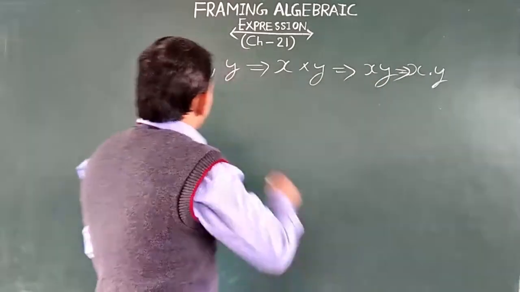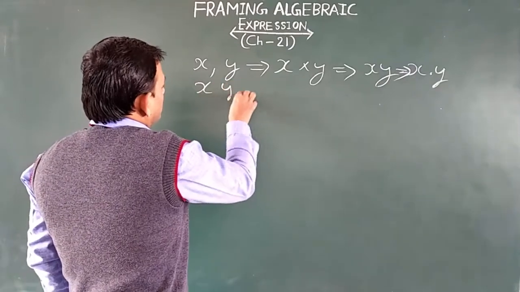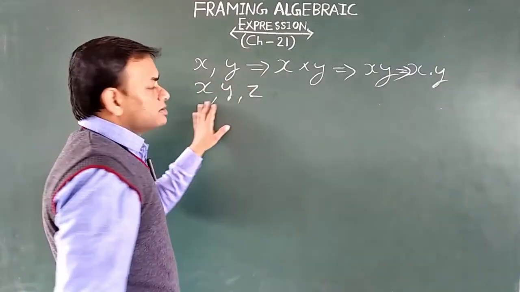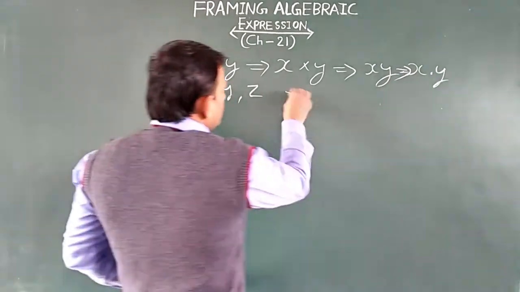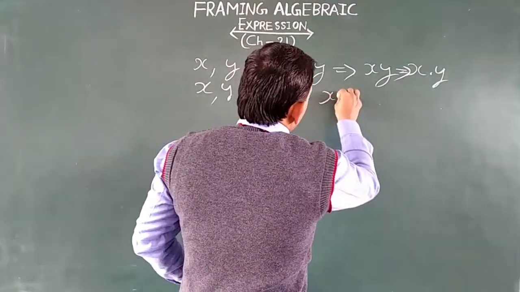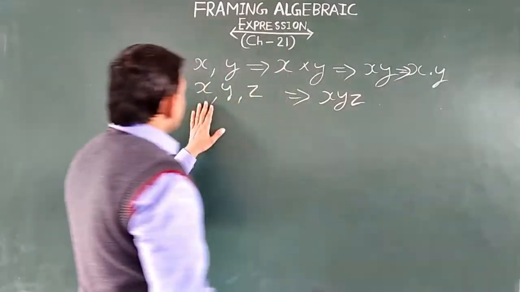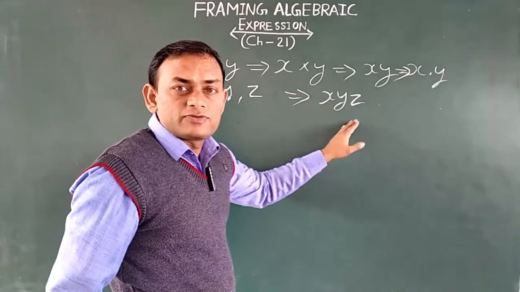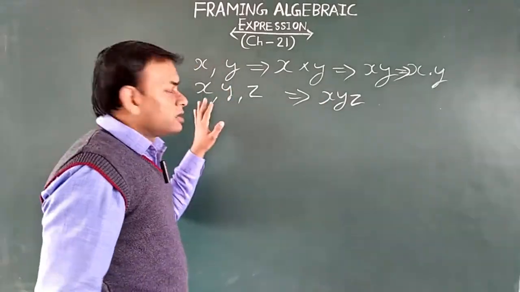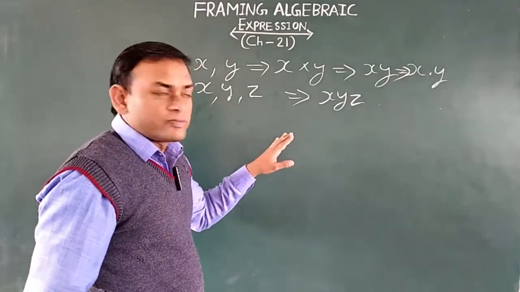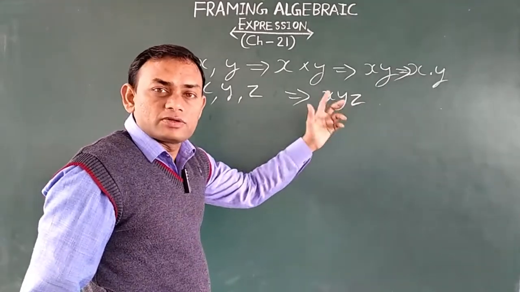Got it? And suppose x, y and z, three variables, are there. The product of x, y, z will be xyz. There is no need to put the multiplication sign in the product of variables.